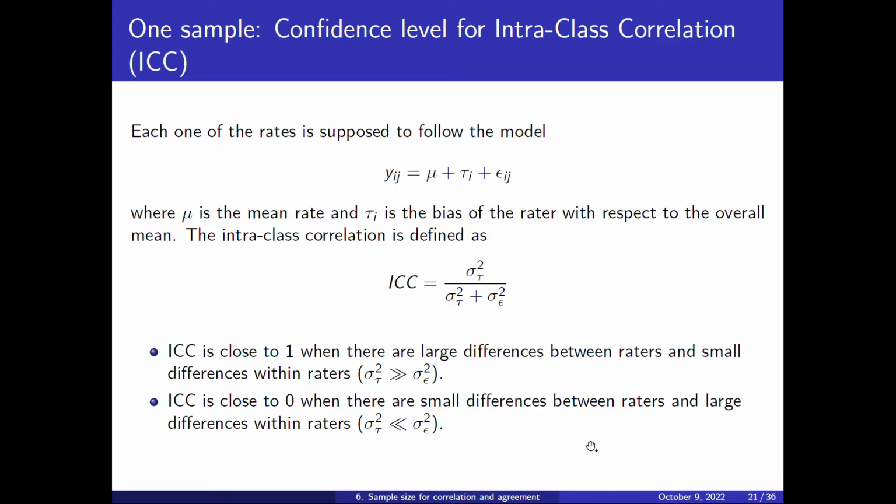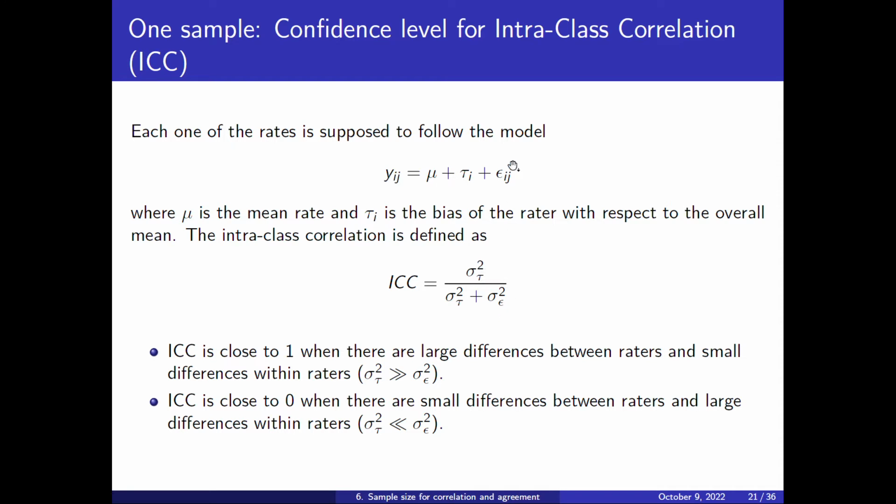The intra-class correlation is defined in the following way. Each one of the measurements is an overall mean plus something that depends on the specific rater, plus something that depends on some noise. If raters are very consistent, there are large differences between raters and small differences within the raters.